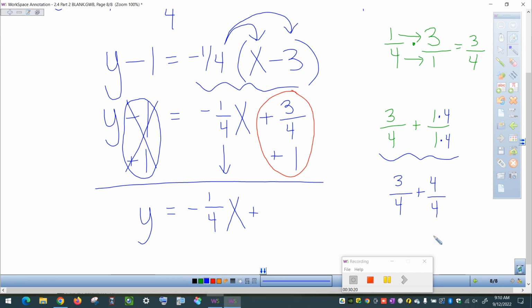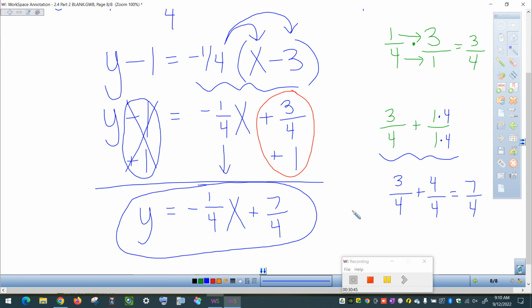When we're adding fractions, it's not the same thing as multiplying. So we do not just add across the top and add across the bottom. Instead, we're only adding across the top. That common denominator that we got of 4 is just going to stay 4. So altogether here, this would be like a 7/4 at the end. And that would be our final answer here.